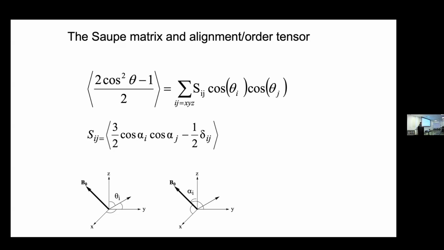Now, it turns out that there's one unique alignment tensor for every molecule. The principal axis of the system, the longest vector, is called SZZ or AZZ. It's the Z component. If you're sitting on that direction, that's the vector that enjoys the biggest RDC, and that's called the principal direction of order.